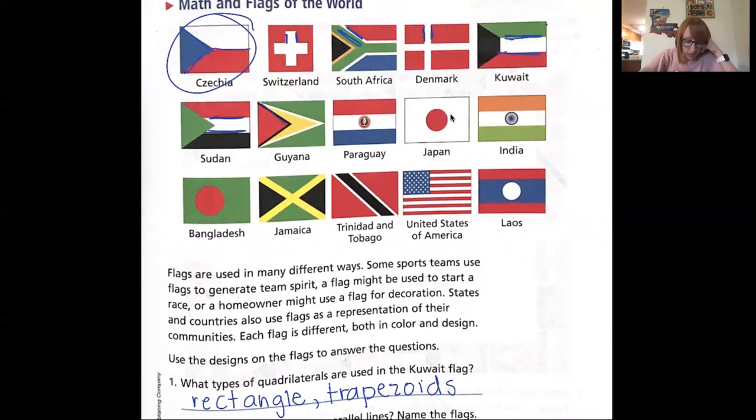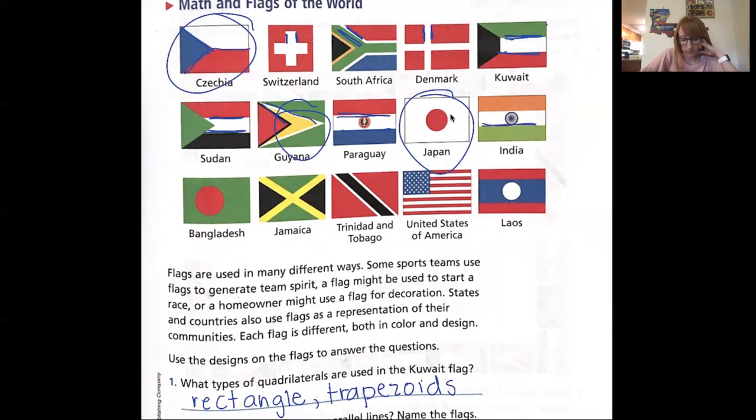Guyana has two triangles, but those triangles are not parallel. So we're going to say Guyana has no parallel lines. Paraguay, parallel lines right there. Japan, there are not even any 180-degree lines in there, so no parallel lines.